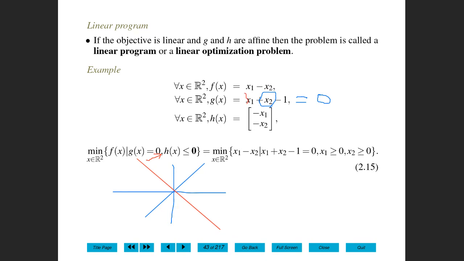But if it is a different value, we will not get the line with 45-degree or 135-degree slope, but a line with a different slope.